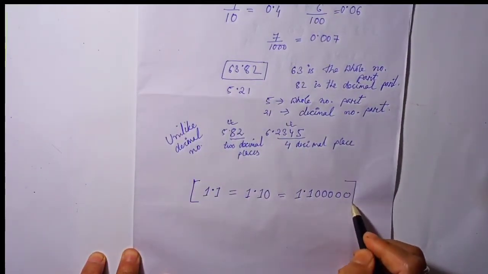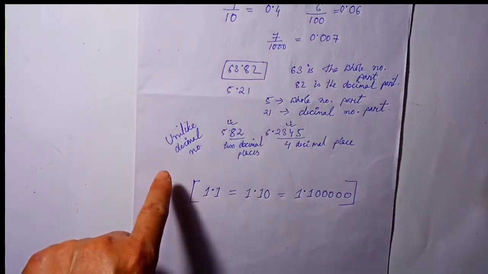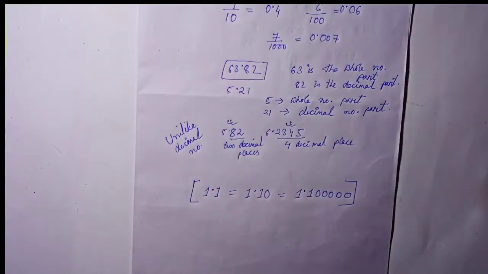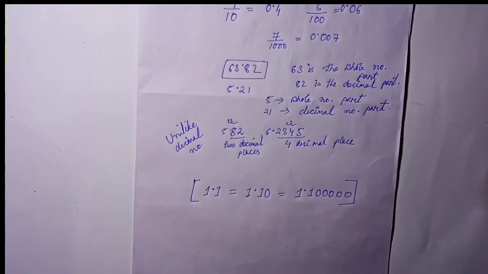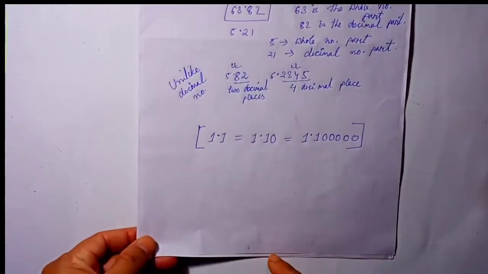Now what is the use of this property? Why has this property been given to us in the chapter? We have just learned about like decimal numbers and unlike decimal numbers. With the help of this property, we can convert unlike decimal numbers to like decimal numbers. I'll write the property here and give you the use of it.